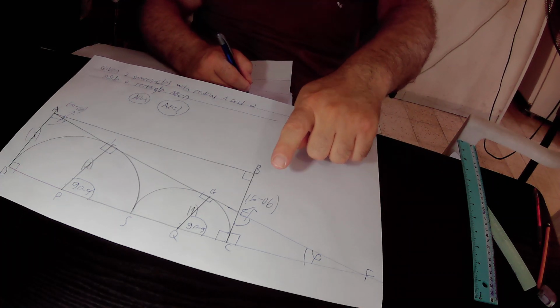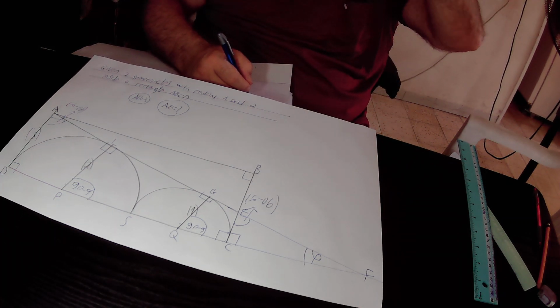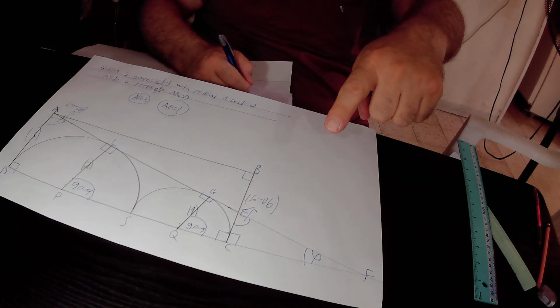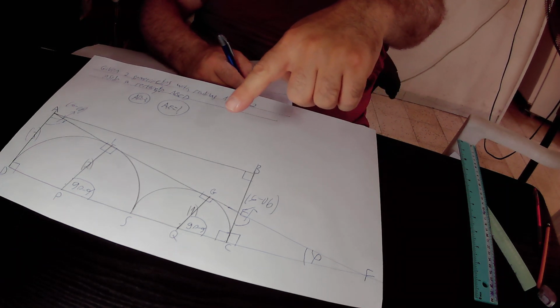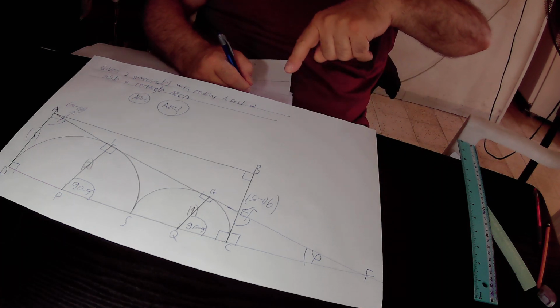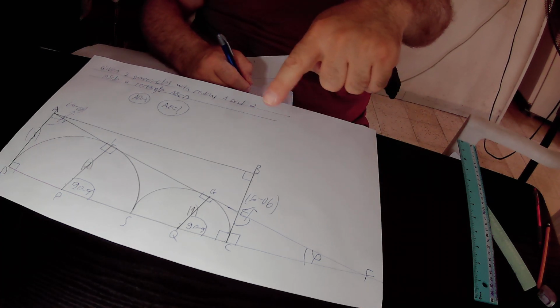If we relate to angle alpha as it belongs to the small right triangle QGF, it will be defined as angle GFQ.